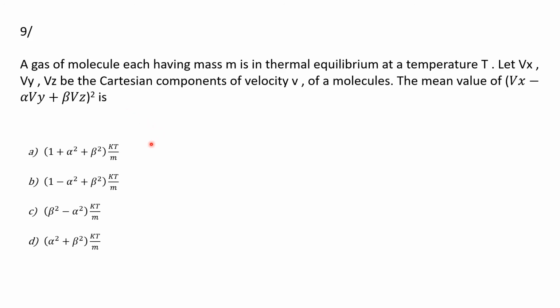And the options are: option A, (1 plus alpha square plus beta square) whole into KT/m. Option B is KT/m (1 minus alpha square plus beta square). Option C is KT/m (beta square minus alpha square), and option D is (alpha square plus beta square) KT/m.